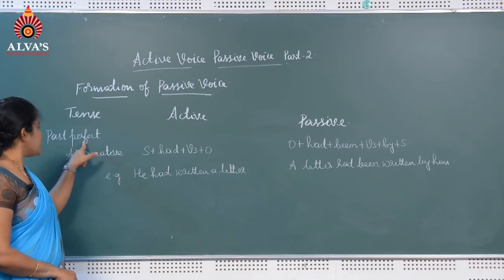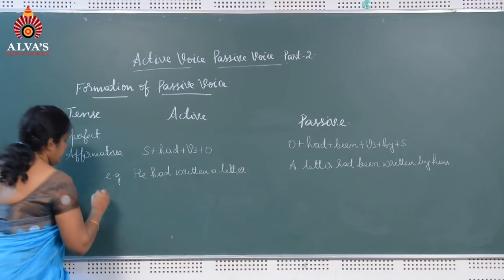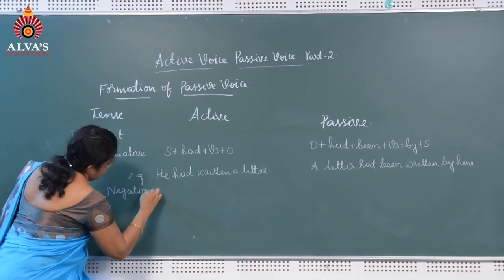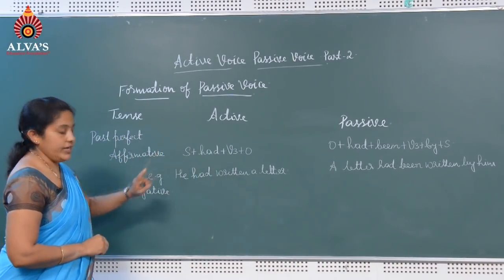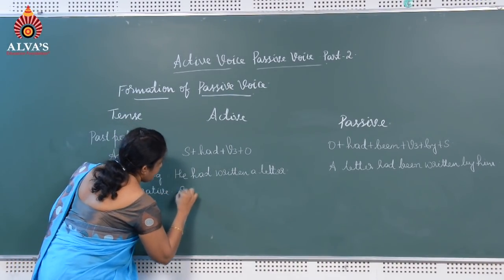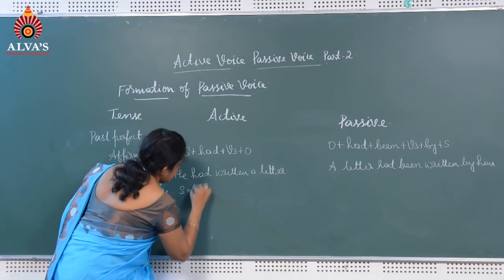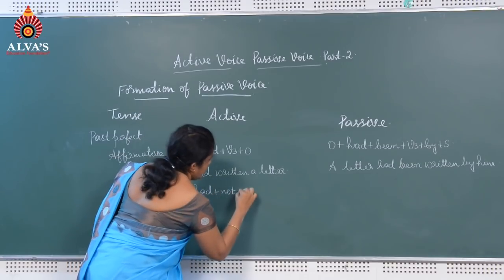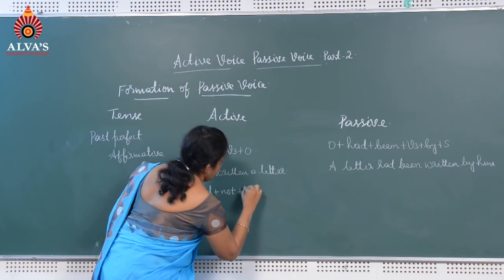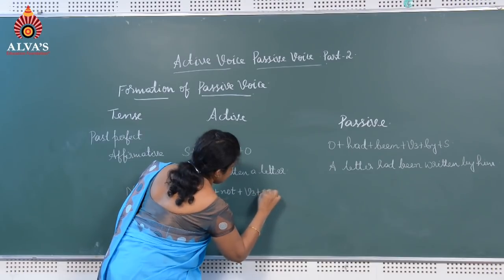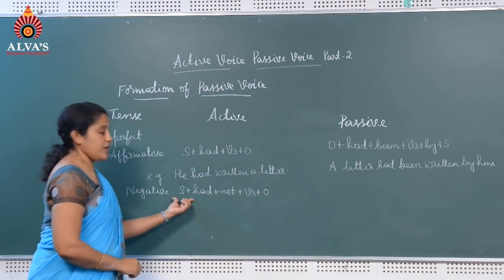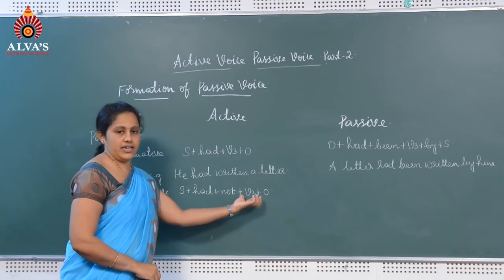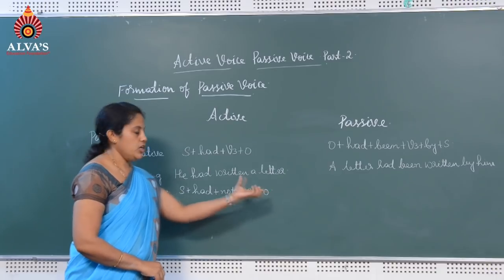When it comes to the past perfect negative sentence, the formula is subject plus had plus not plus V3 plus object. Subject plus had plus not plus V3, third form of the verb, plus object.